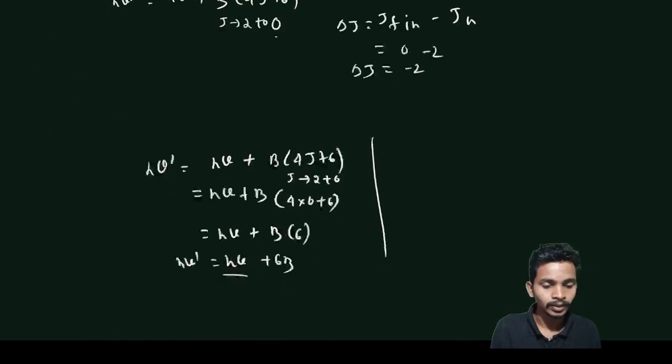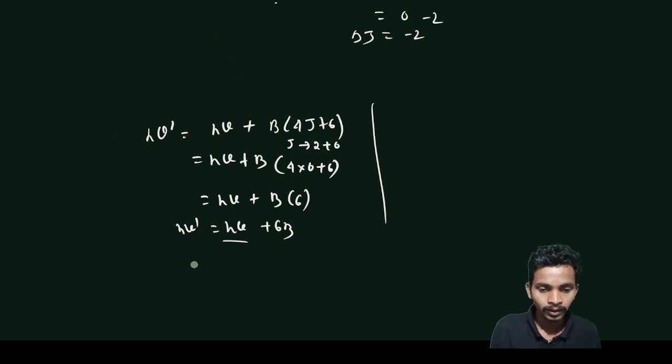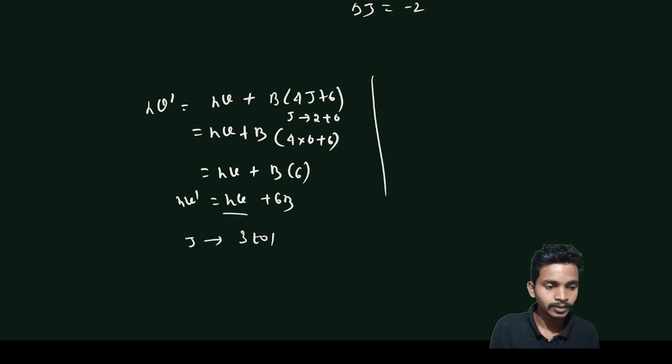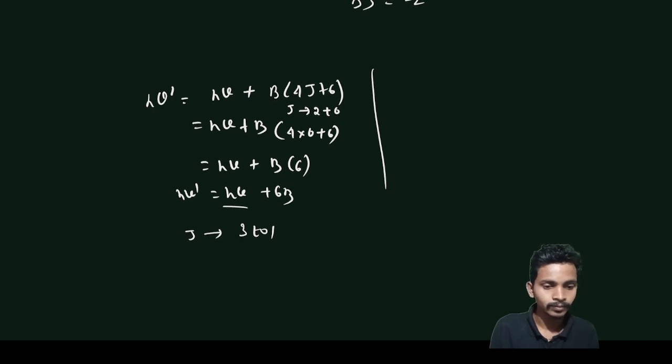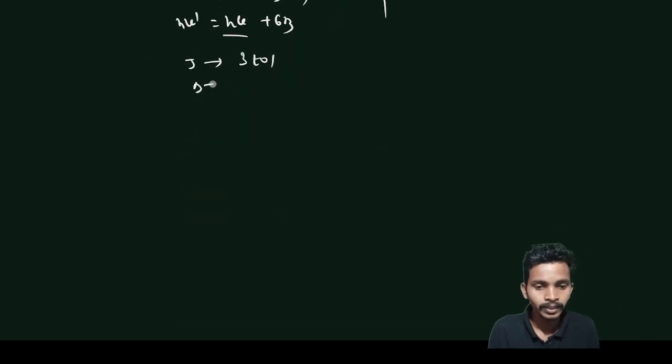Now let's go to j equal to 3 to 1. Again delta j is j final minus j initial, 1 minus 3, that is again minus 2.